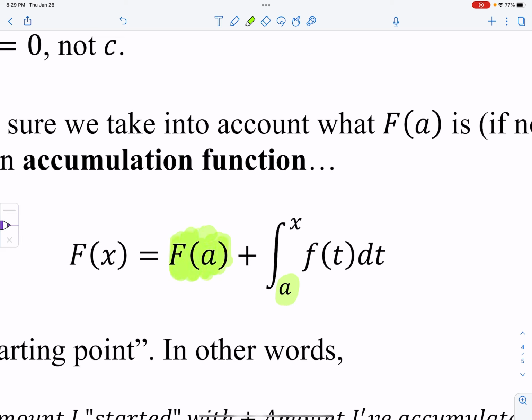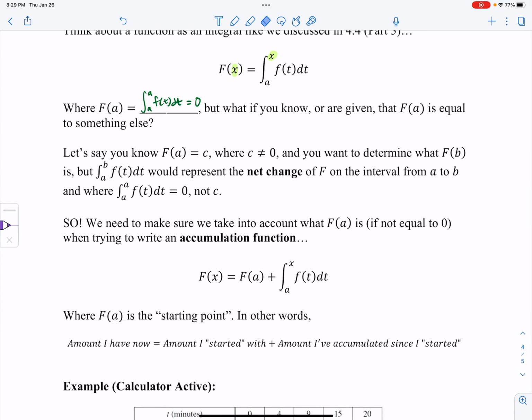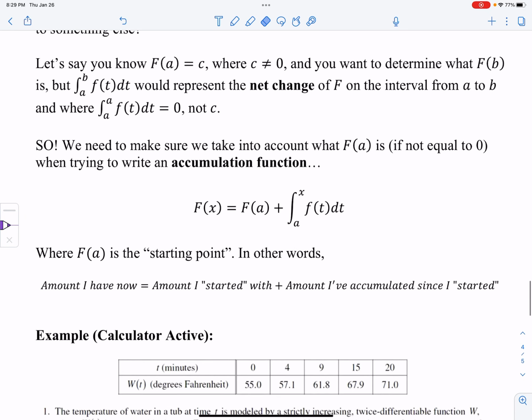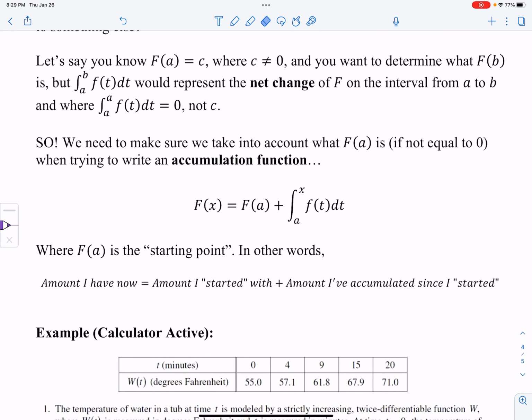So this value for this function should be for this x value, so that we're taking into account a starting point. In other words, we can think of the accumulation function as the amount I have now equals the amount that I started with plus the amount I've accumulated since I started.